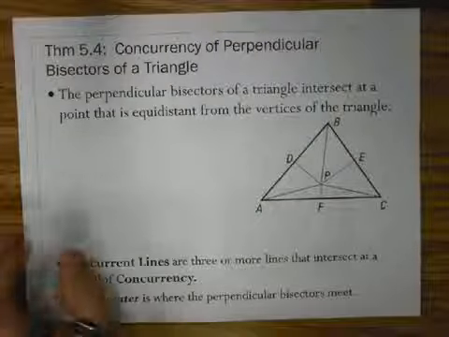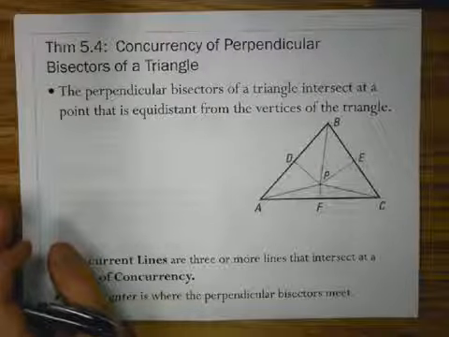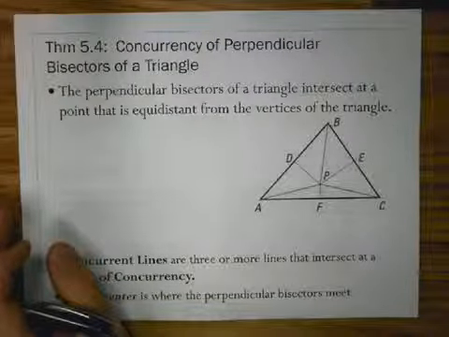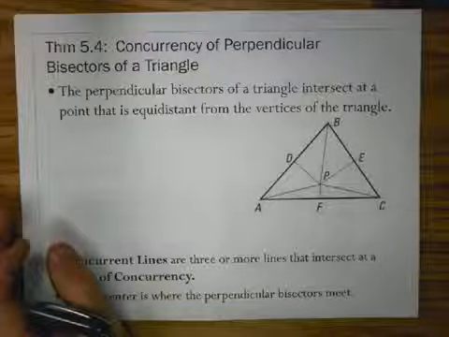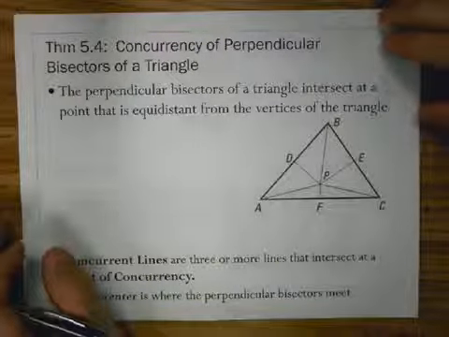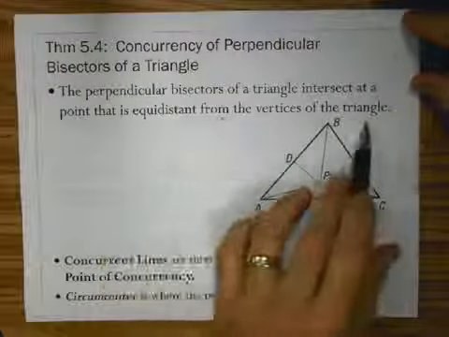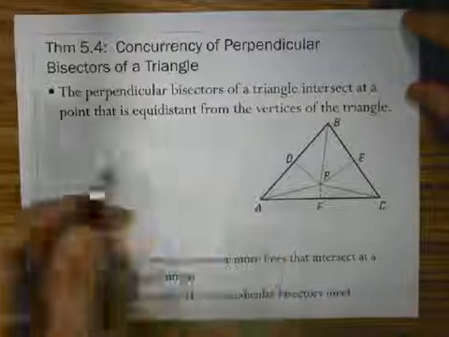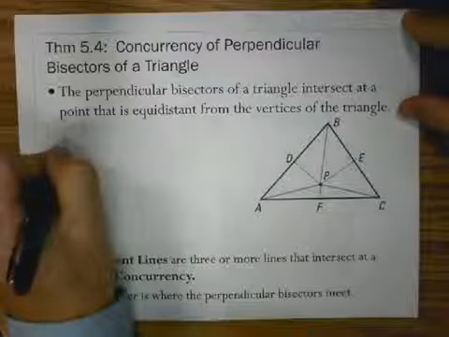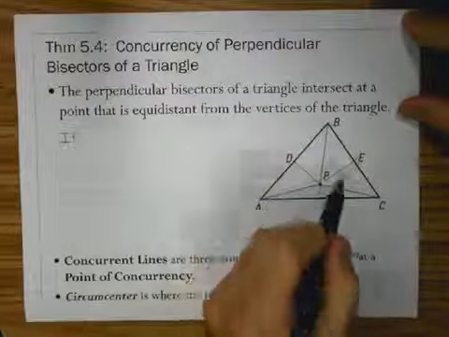Next, we're going to our concurrency of perpendicular bisectors of a triangle. So now instead of just having one side where we have a perpendicular bisector, we're now taking a triangle and taking the perpendicular bisectors of all the sides. And if we do that, we actually get those lines, those perpendicular bisectors meet at a point. So we say the perpendicular bisectors of a triangle intersect at a point that is equidistant from the vertices of the triangle. So let's start off here.